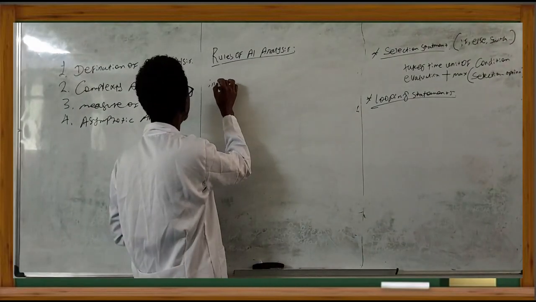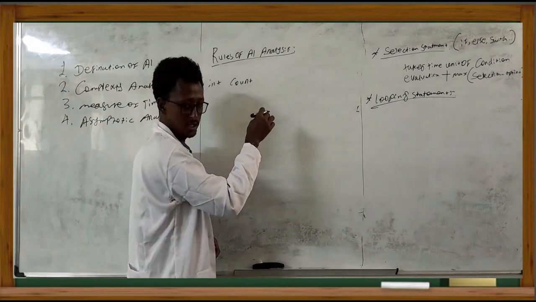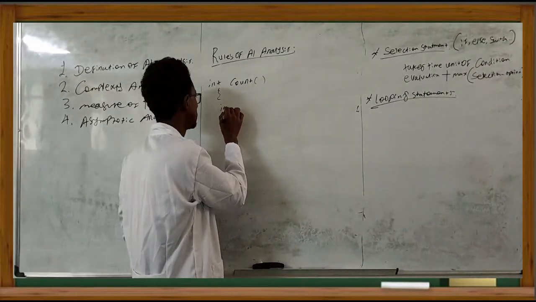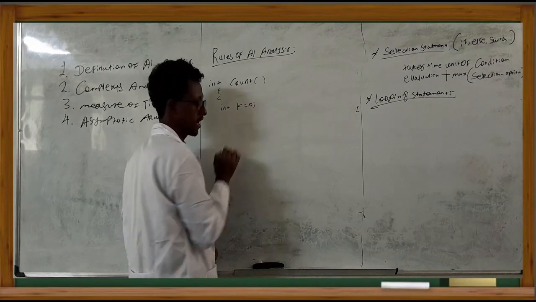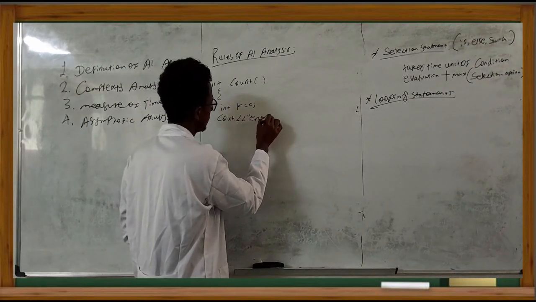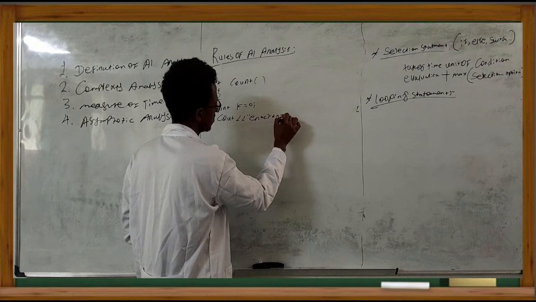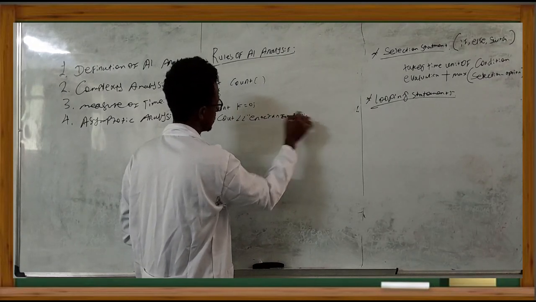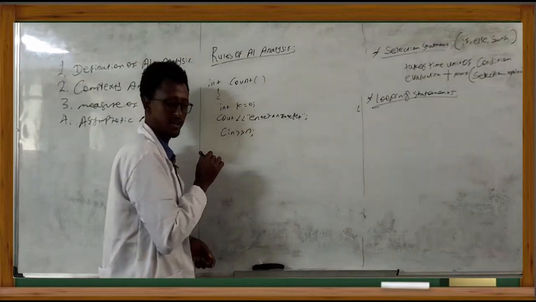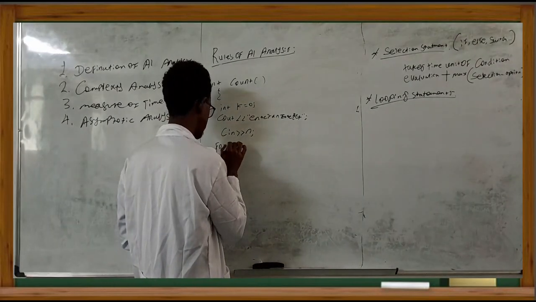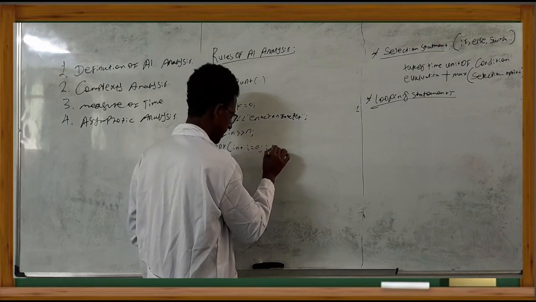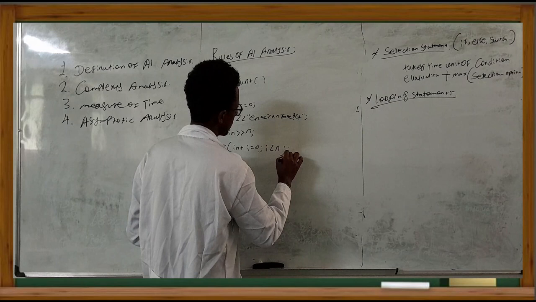We have an integer function count: int k = 0; cout "enter an integer"; cin n; then a for loop, for i = 0; i < n; i++.